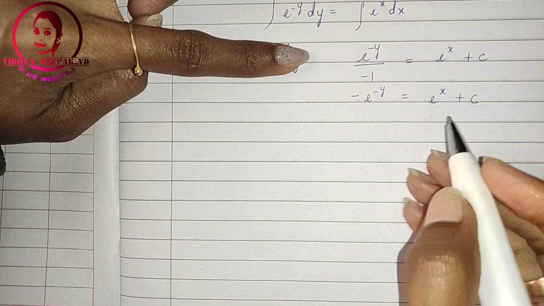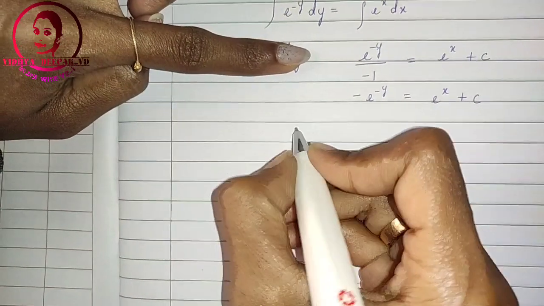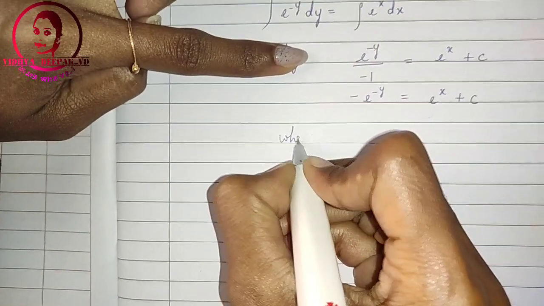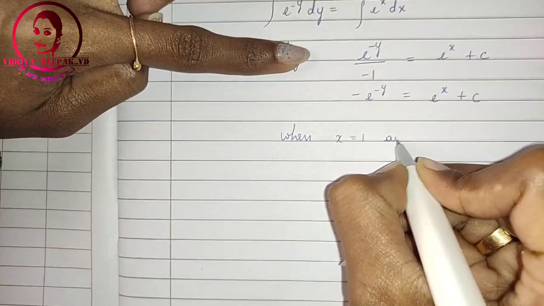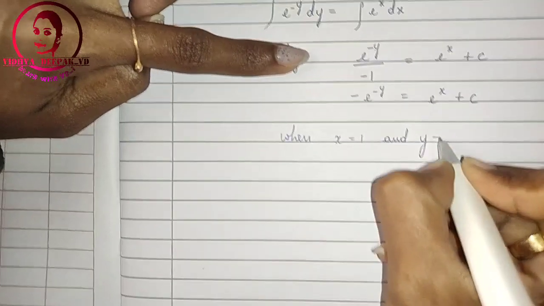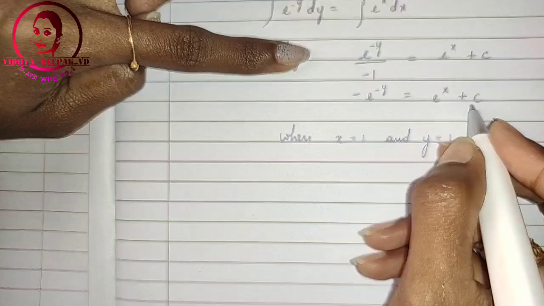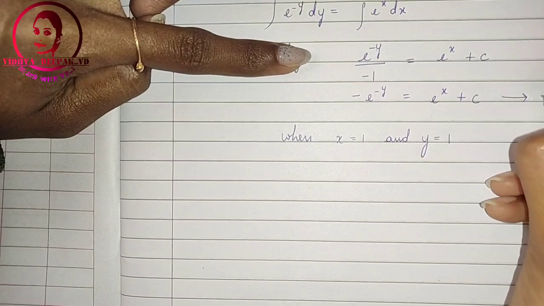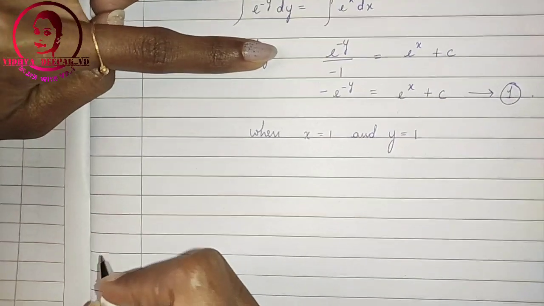Now we have to substitute the values of x and y. When x is equal to 1 and y is equal to 1, in this equation, which I'm taking as equation 1, what do I have?